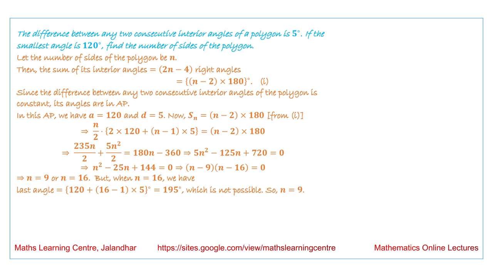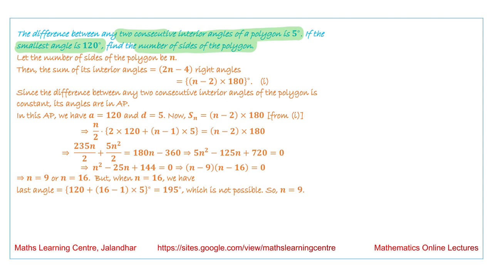Next: the difference between any two consecutive interior angles of a polygon is 5 degrees. If the smallest angle is 120 degrees, find the number of sides of this polygon.